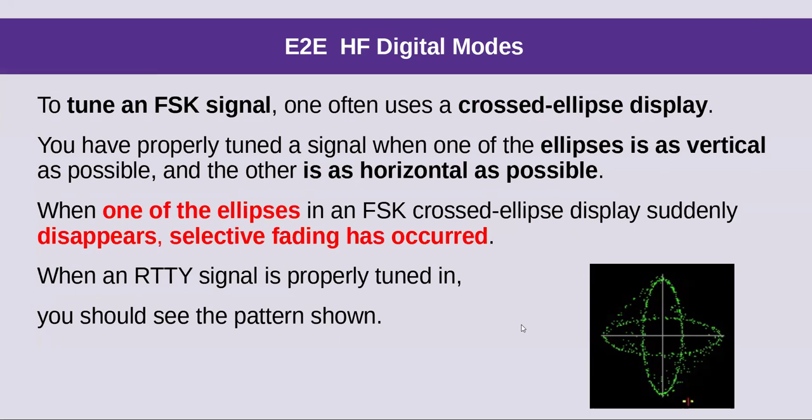Some of the apps that do RTTY show you this lissajous pattern with cross ellipses. So that's how it's showing you that it's properly tuned in when you have equal ellipses at 90 degrees. And if one of them is bigger than the other, it means that you're off frequency.